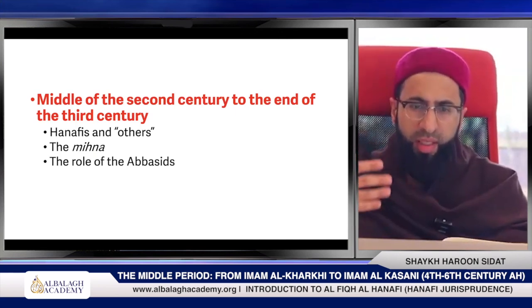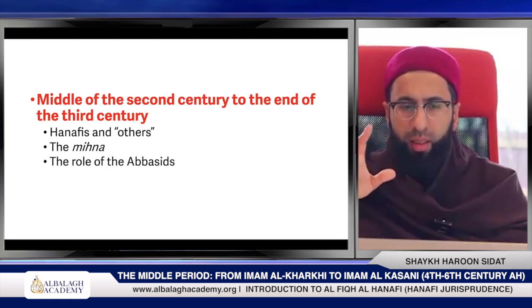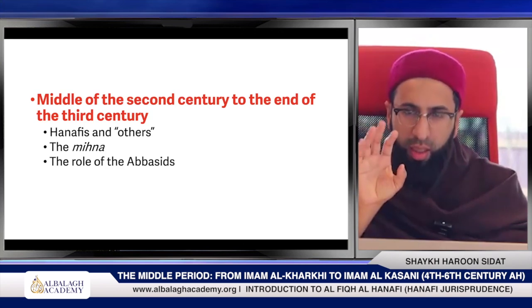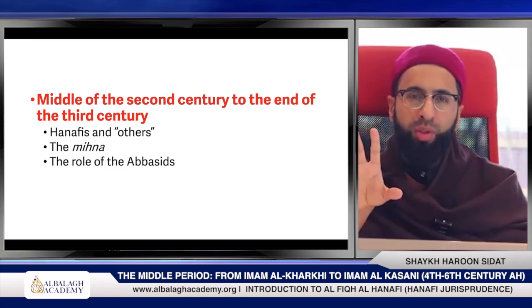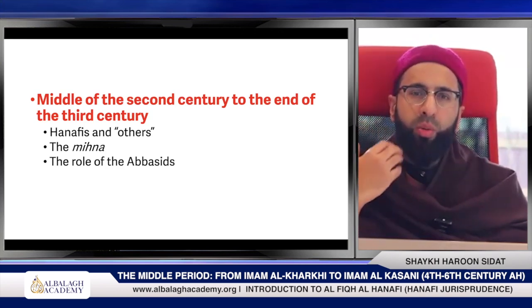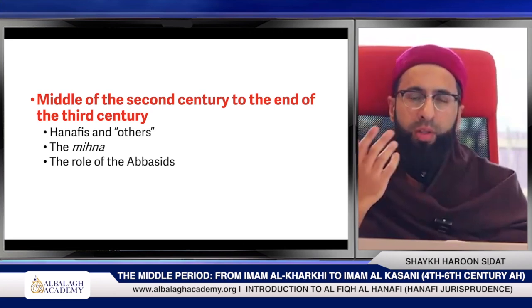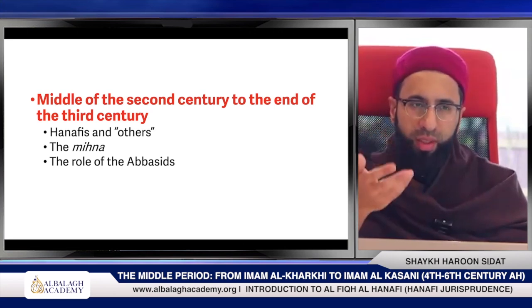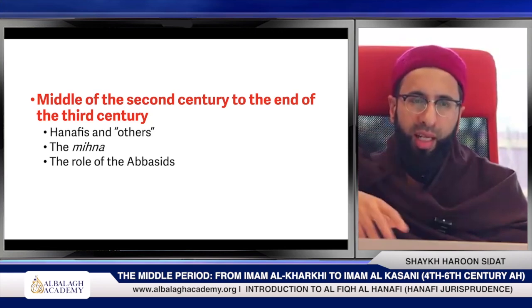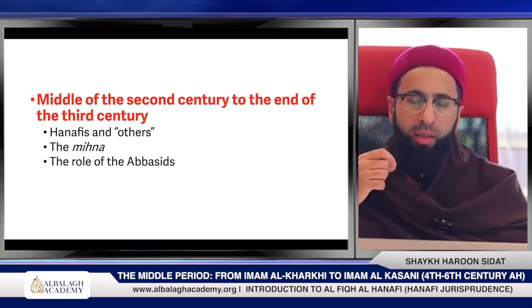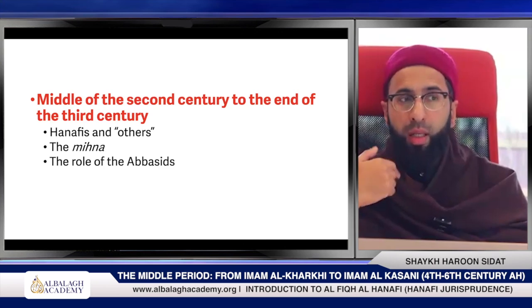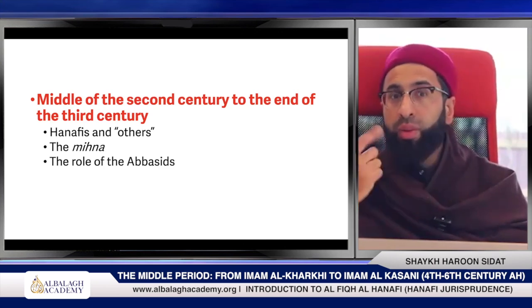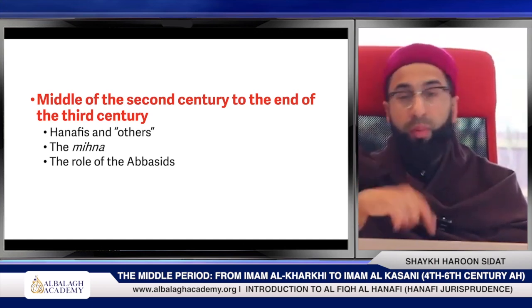So in the middle of the second century, and to the end of the first century, you do start seeing the Hanafis and others. You start seeing gradually the otherization, what we call in sociology, where you distinguish yourself from others. In social theory, one of the ways you create an identity is that rather than saying we are this, it's what other people say about you, how they distinguish you from them, right?